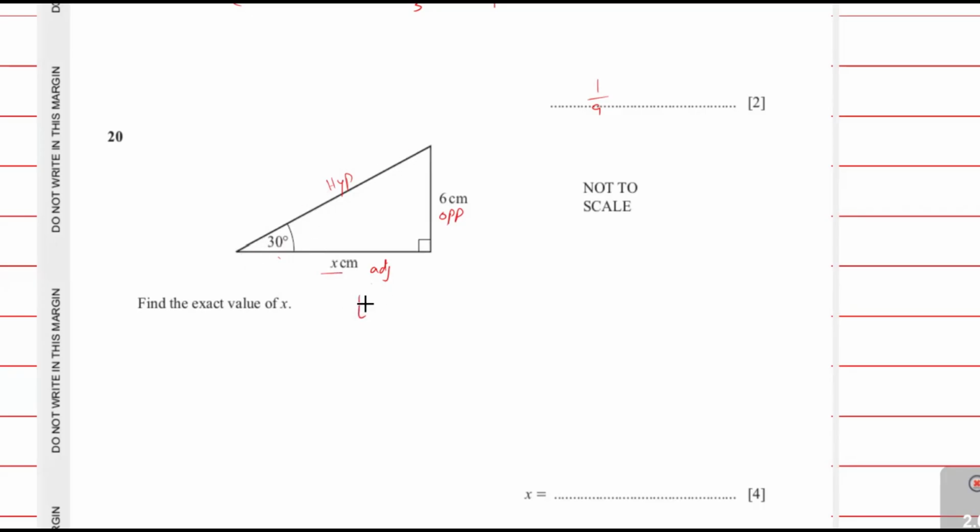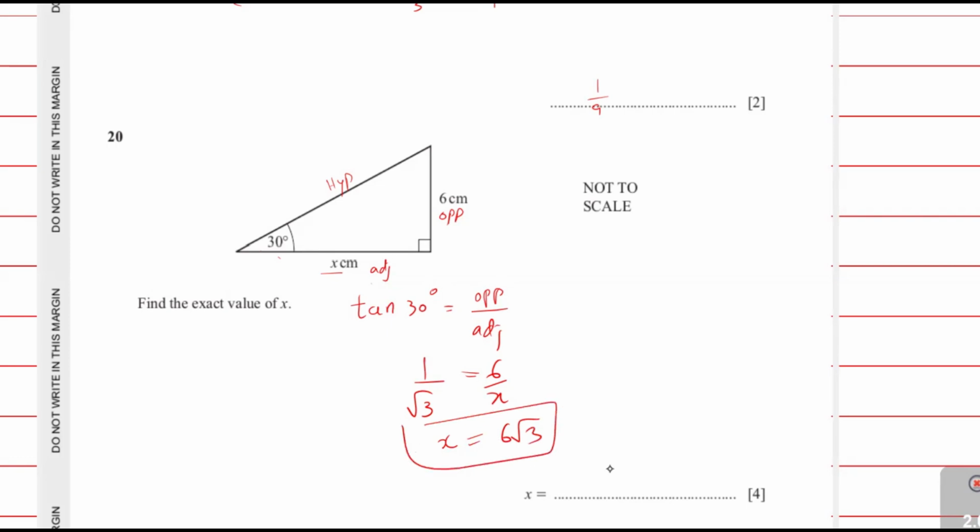We will use the trigonometric ratio tan 30, which equals opposite over adjacent, and the opposite length here is 6. This equals 6 over x, and tan 30 is 1 over square root 3. Therefore, x equals 6 square root 3, and this is the answer.